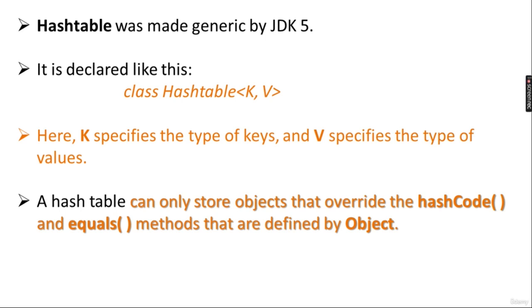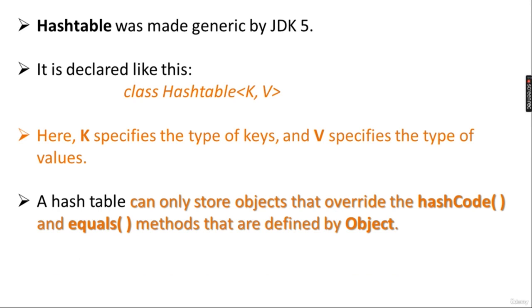Okay. Hashtable was made generic by Java 5. It is declared like this: class Hashtable<K, V>, where K specifies the type of key and V specifies the type of value. The Hashtable can only store objects that override the hashCode and equals methods that are defined by Object. Okay. So what is that?